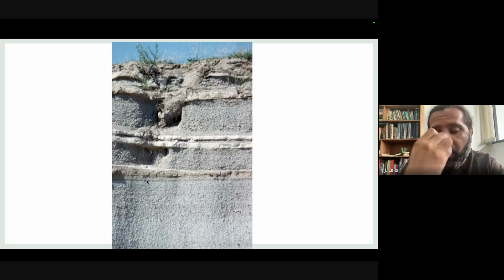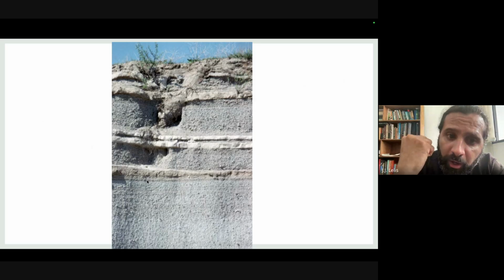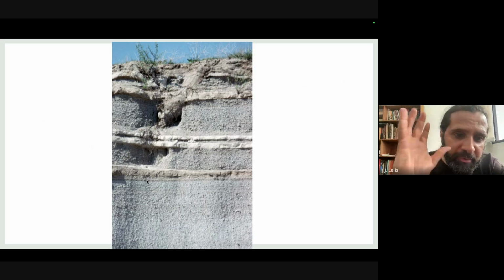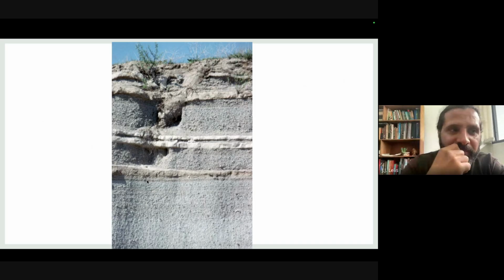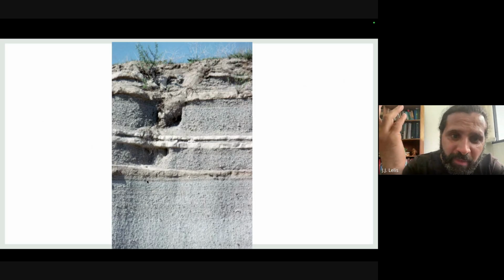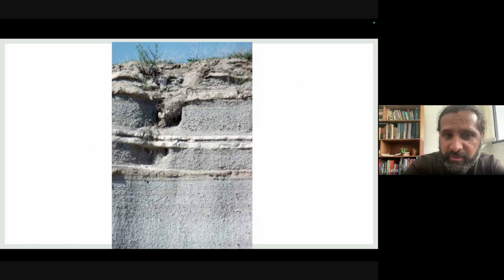Because both are quite hard to break, and both register this kind of whitish colors. Well, you can just drop acid, because if you drop acid on a petrocalcic horizon, you can see the reaction, you can see the bubbles. When you drop acid on a petroduric horizon, you will not see any bubbles, you will not see any reaction, because silica does not react with acid. Okay?